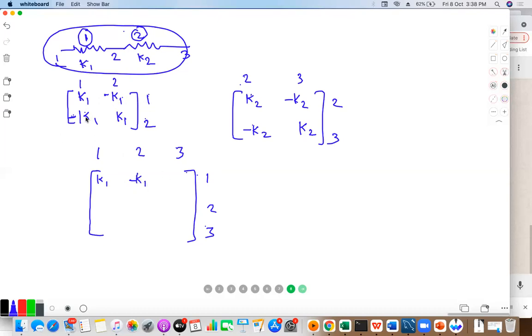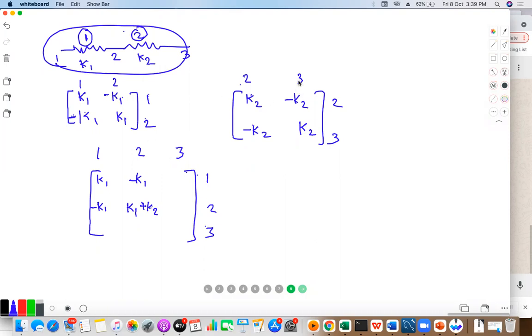At 1 and 2, I have minus K1. At 2 and 2, I have K1, so I will write K1 here. This matrix I have written. Now here, at 2, 2, I have K2, so at 2, 2, I will again write K2 here. So it is K1 plus K2.